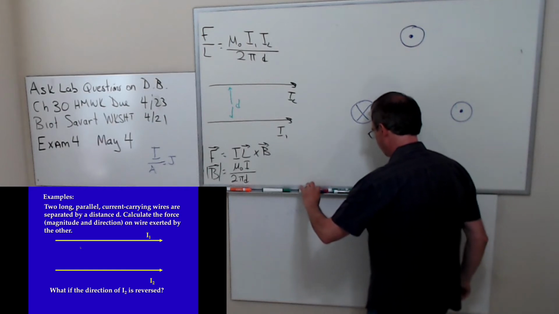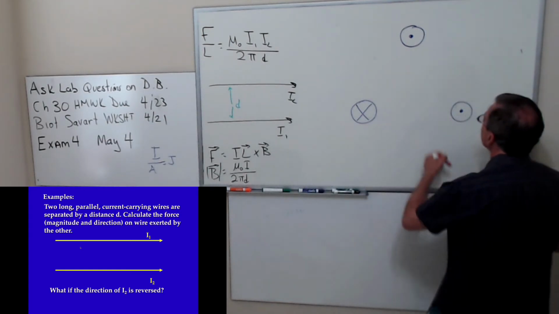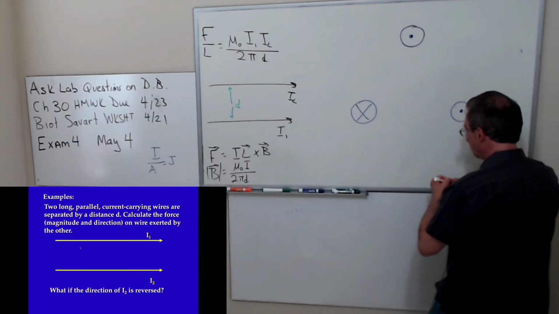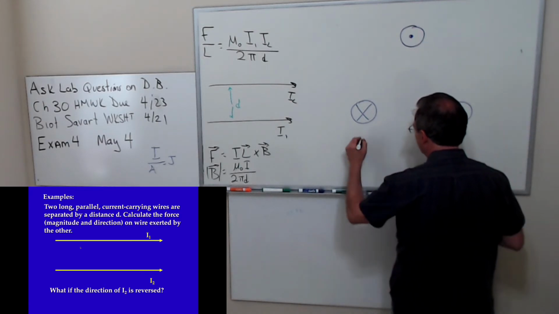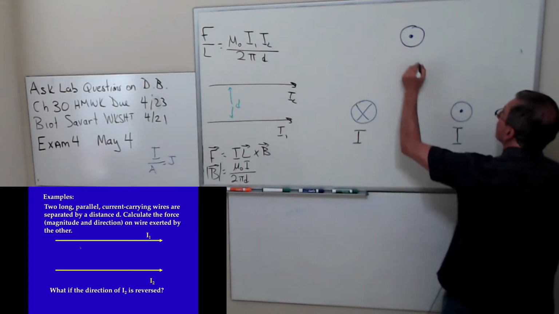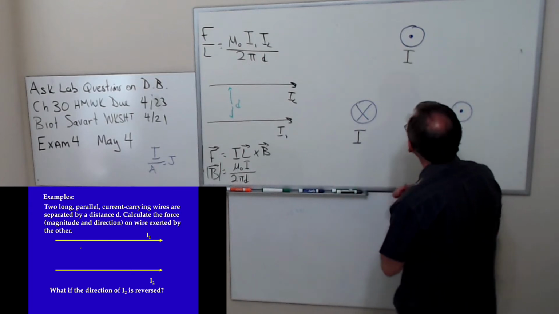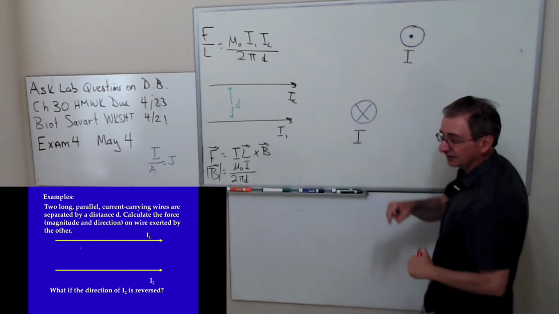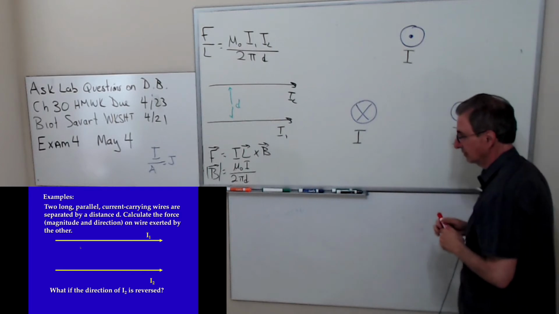And guess what I'm going to ask? I want to know the force on this one. Let's say all the currents are the same, just to make life easy for ourselves. Let's say they're all I. I want to find the force on this top one due to these bottom two.